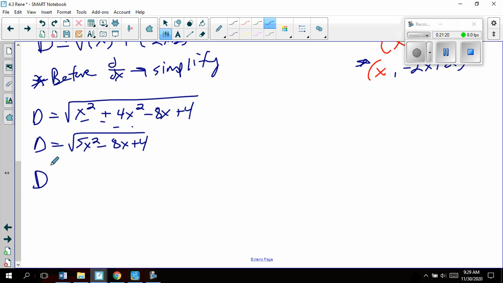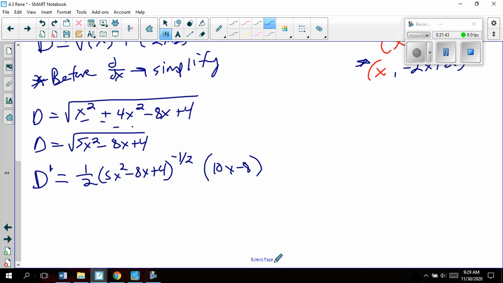Now I'm going to take a derivative and then set that thing equal to 0. So to start off my derivative, I've got a chain rule because I have a bunch of stuff to a half power. So I keep the bunch of stuff to a half power out, power down, so negative 1/2, and then times the derivative of my inside, which would be 10x minus 8. Okay.